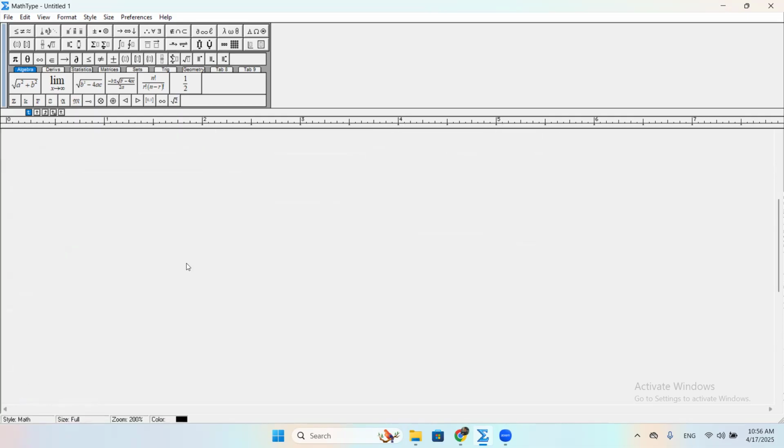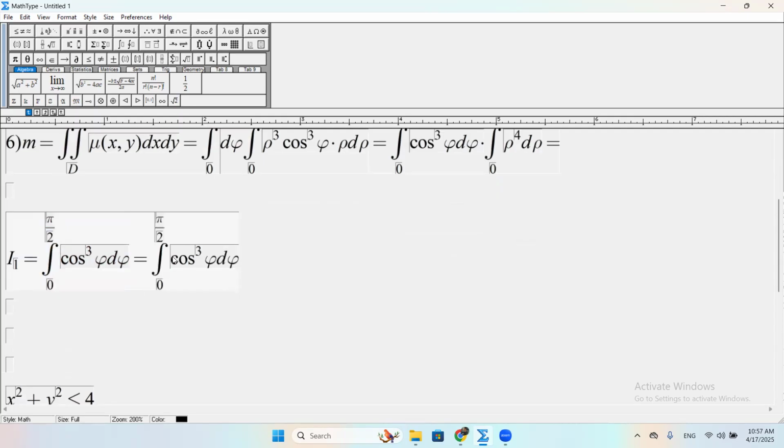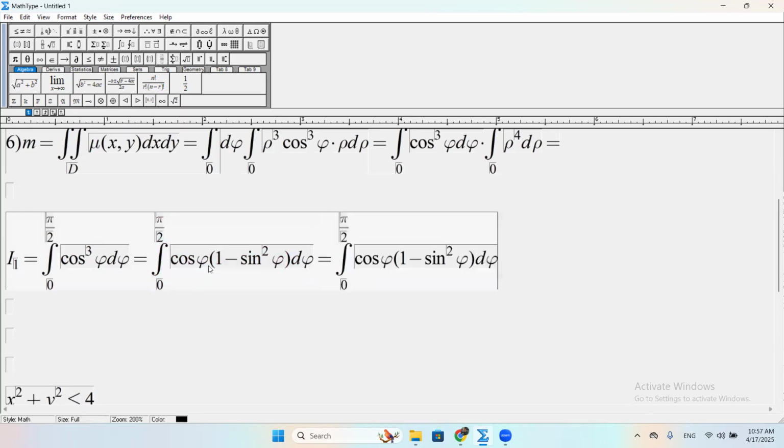Let's simplify it. Let's use the differential entry technique, d sine of phi.